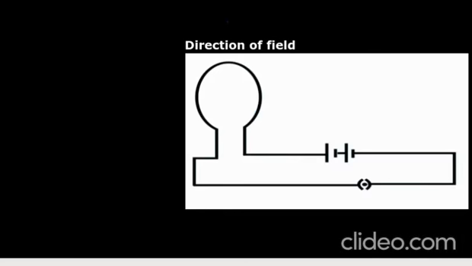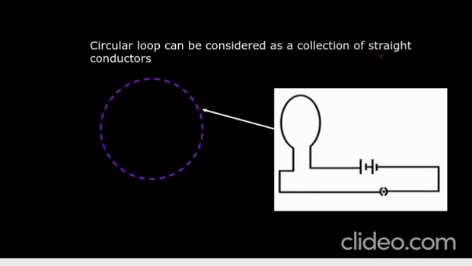Yes, we do have a rule, why not? Here a circular loop can be considered as a collection of straight conductors. If I have many straight conductors and join them together like this, I'll get a circular loop, right?